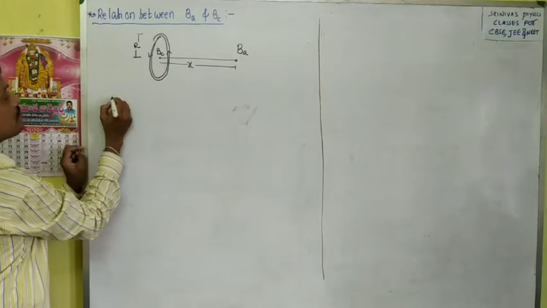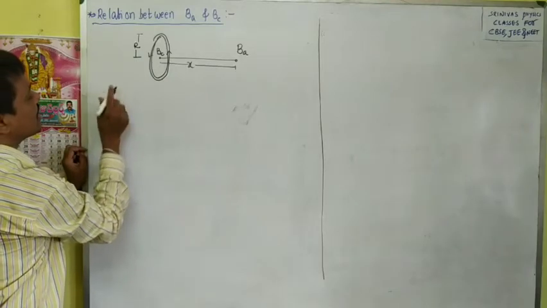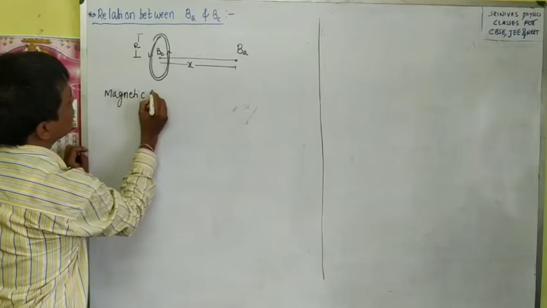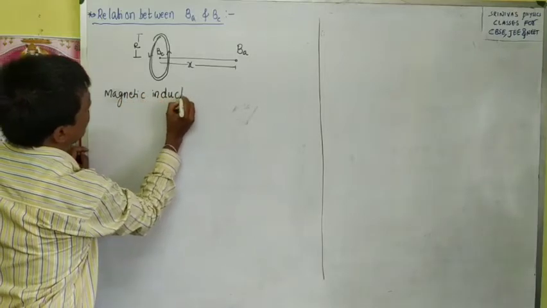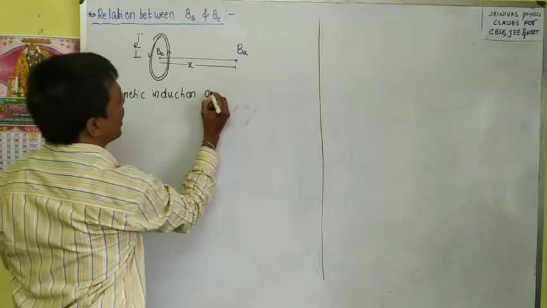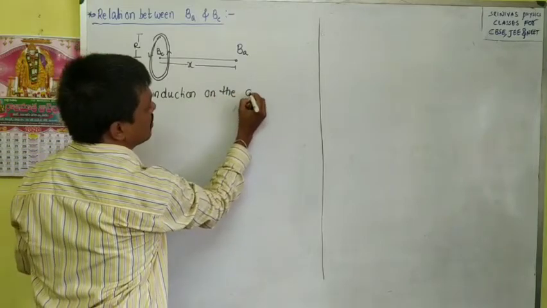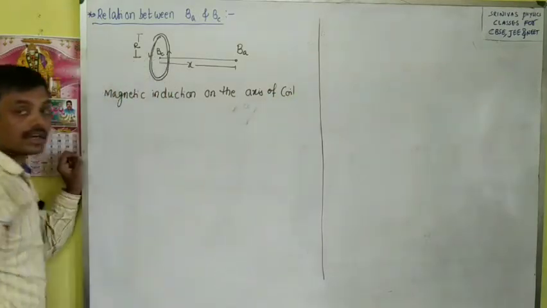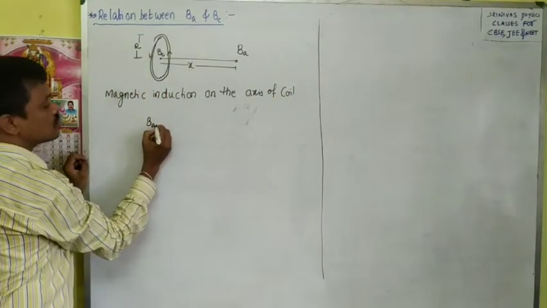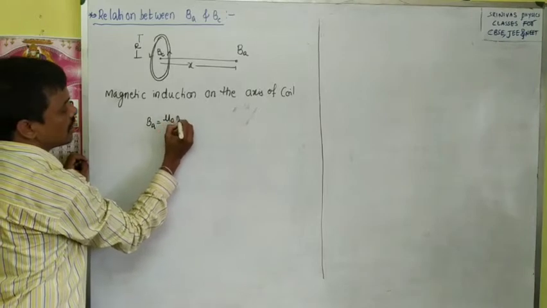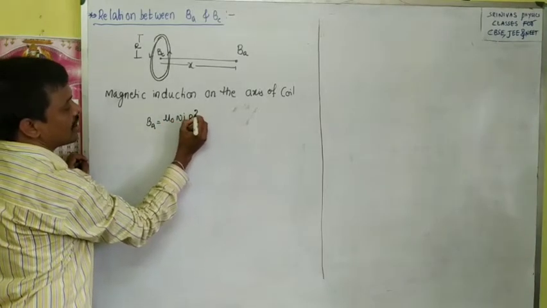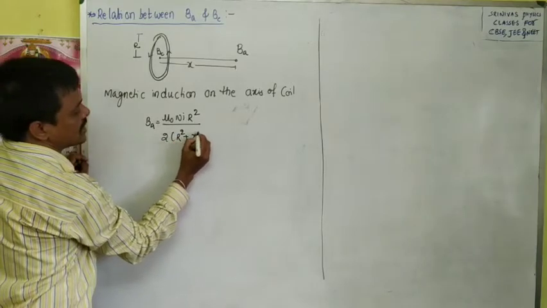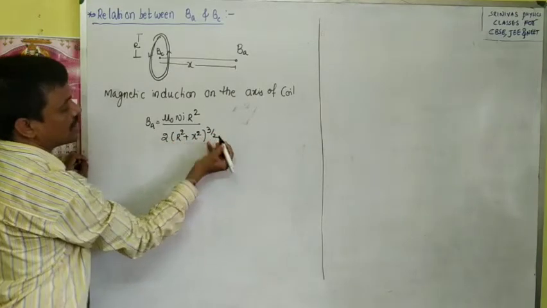What is the formula for BA? The magnetic induction on the axis of the coil is mu naught N i r square by 2 of (r square plus x square) whole power 3 by 2.